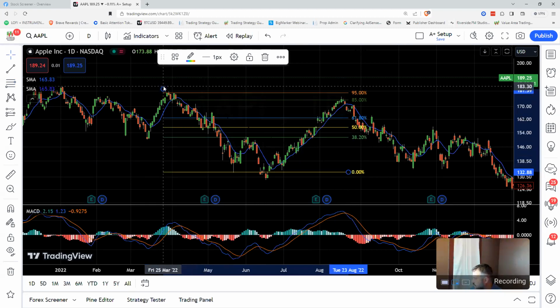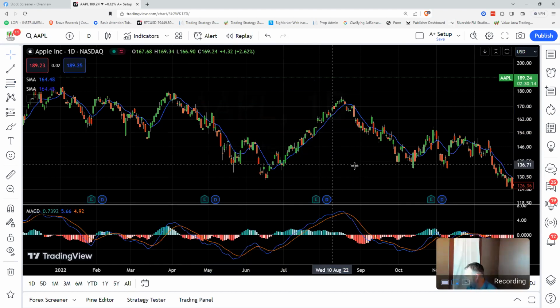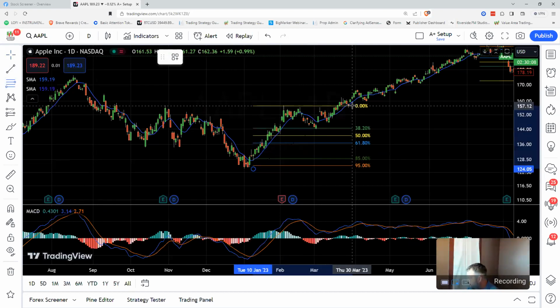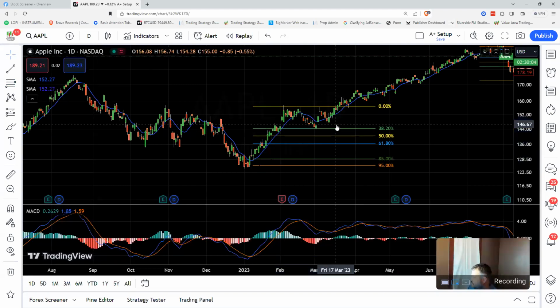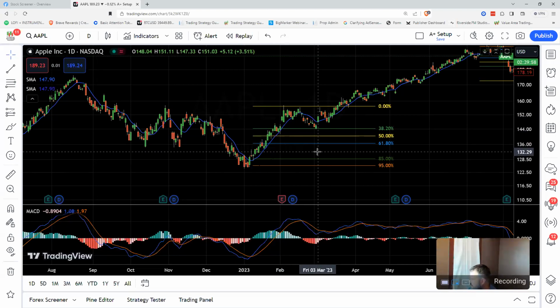You just draw from swing high to swing low. If you're looking for a buy, like right here, you're going to go from here to there. There's different places you can look for an entry: the 38, the 50, the 61, and then I had a 76 on there. There's different Fibonacci levels you can set up.